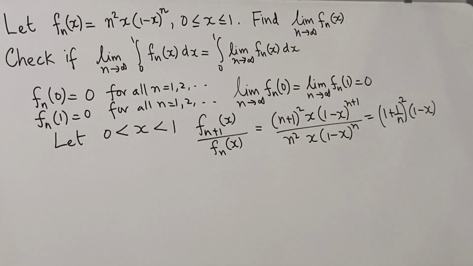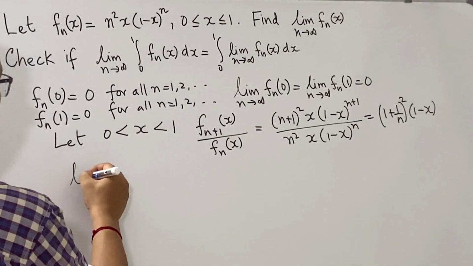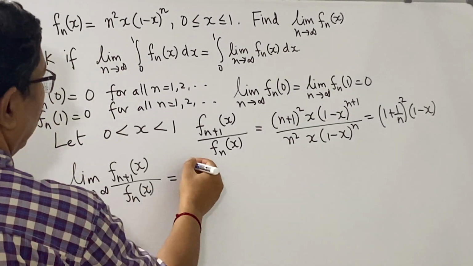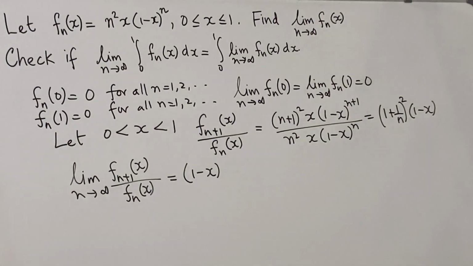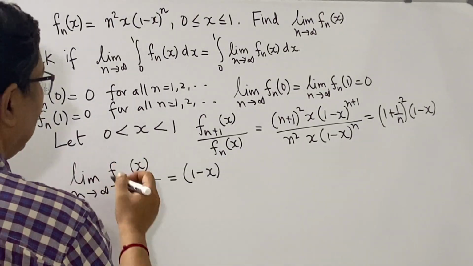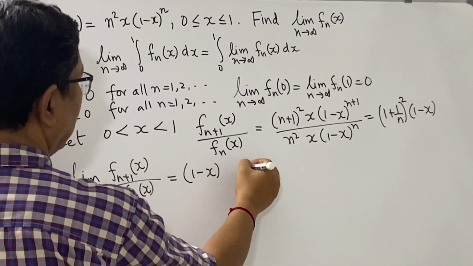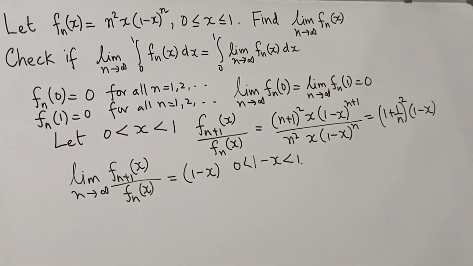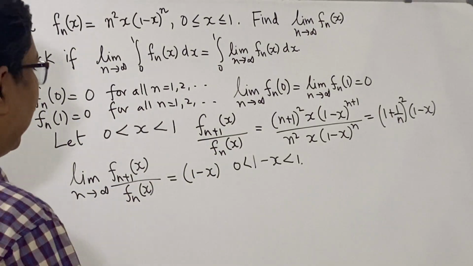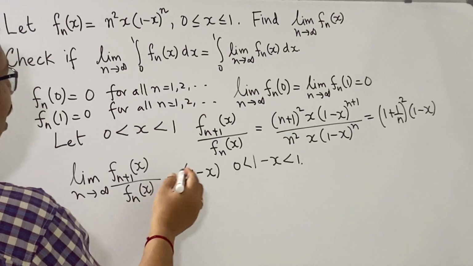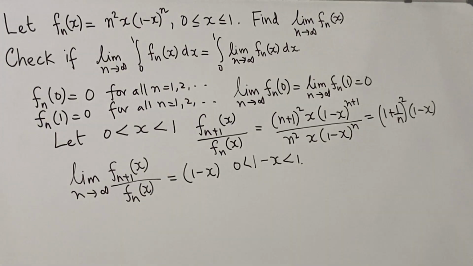Now if you take the limit of this ratio, this is equal to 1 − x. And since x is between 0 and 1, this is also between 0 and 1. So from here we can conclude that this limit is a real number which lies between 0 and 1.